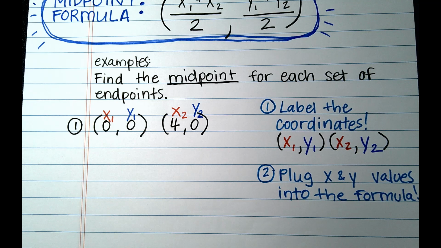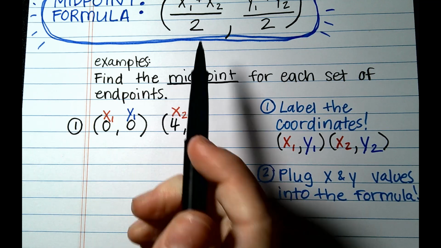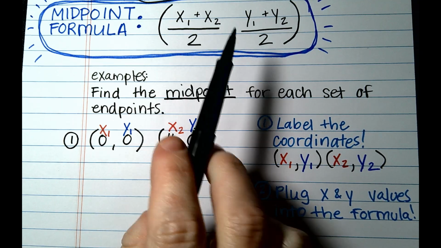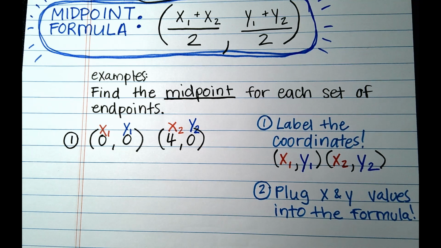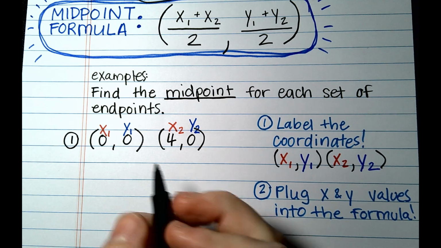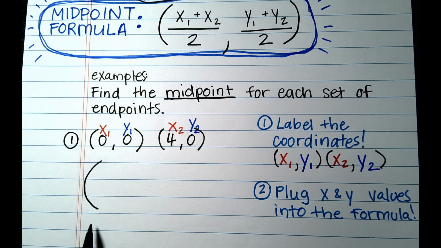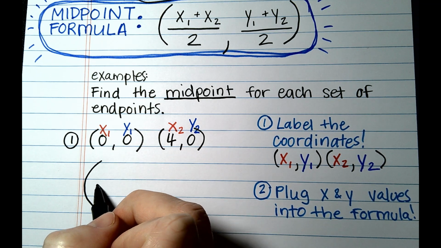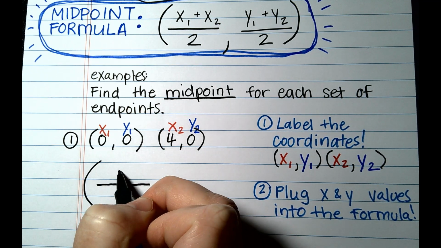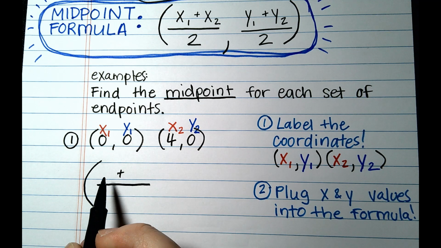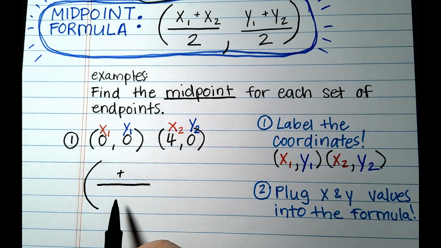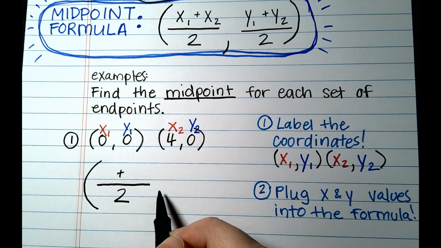We have everything labeled. Now I'm going to start with just my x's, one value at a time, but I'm going to give myself a big parenthesis. And I'm going to put a plus sign here because I'm going to do something plus something, always divided by 2.